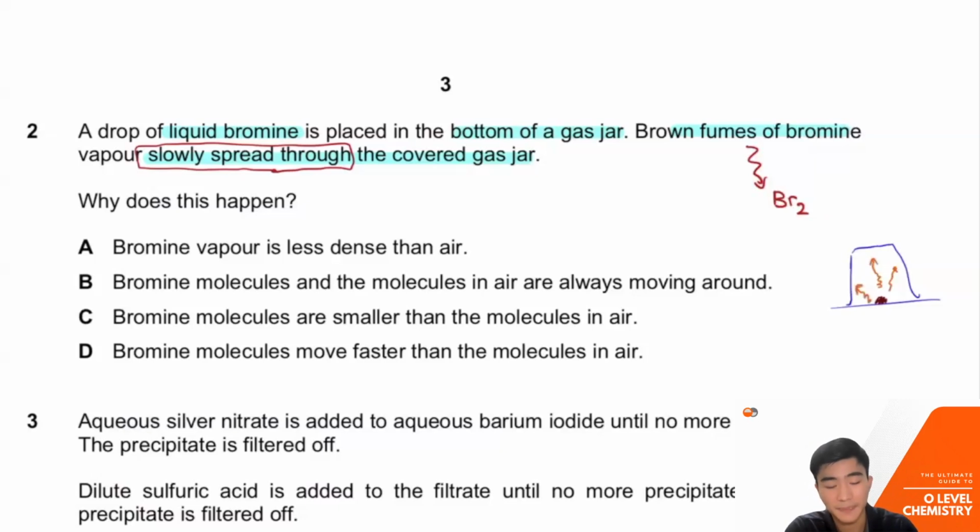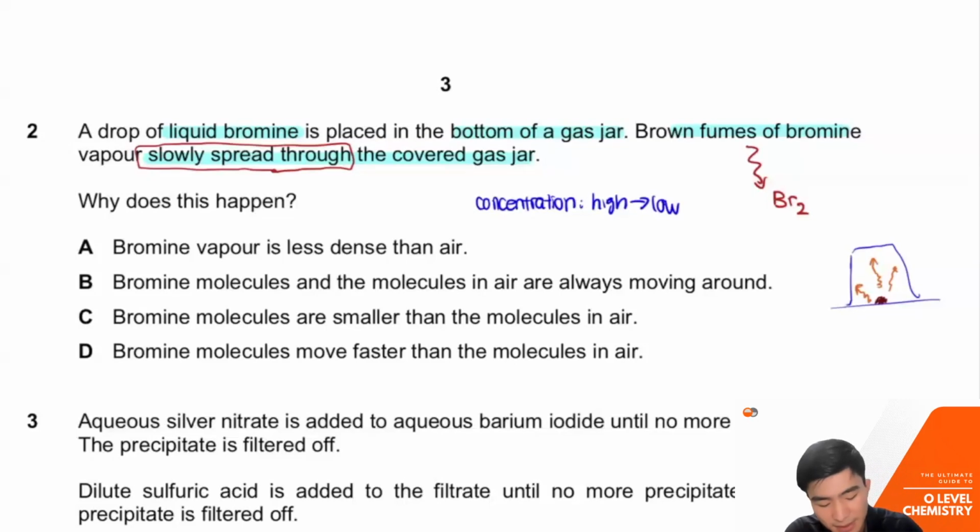When you see this, you must always remember there is this thing known as diffusion, which means movement from a region of high concentration, always from high to low.